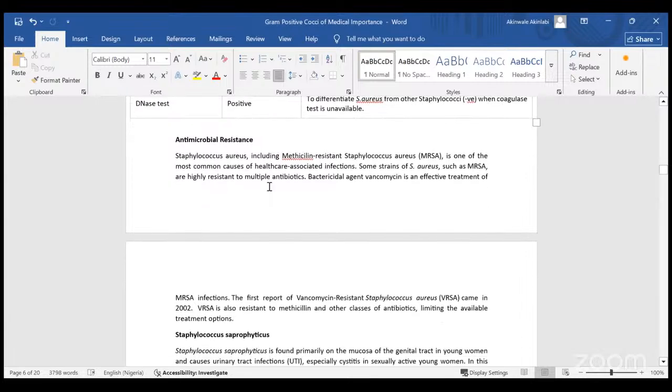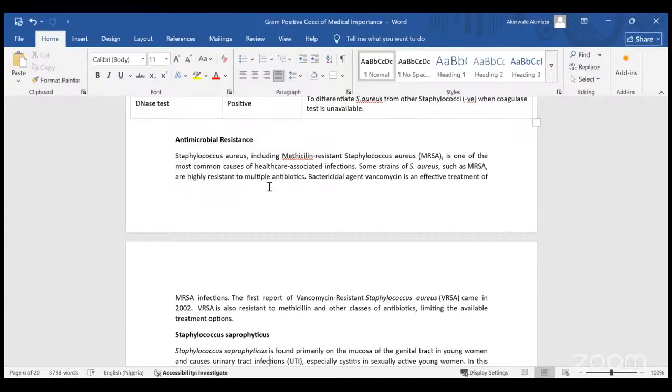So when you use methicillin in the laboratory and it's resistant, that means that if you subject it to other drugs, it will also show resistance. But there's one agent that has shown to be potent against the methicillin-resistant Staphylococcus aureus.